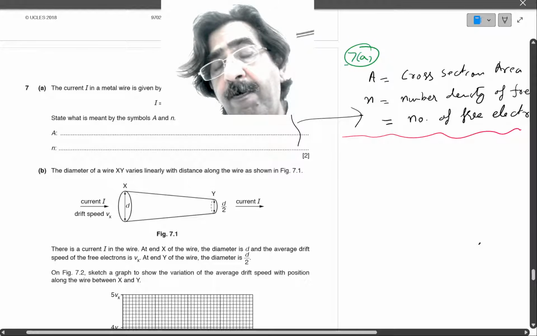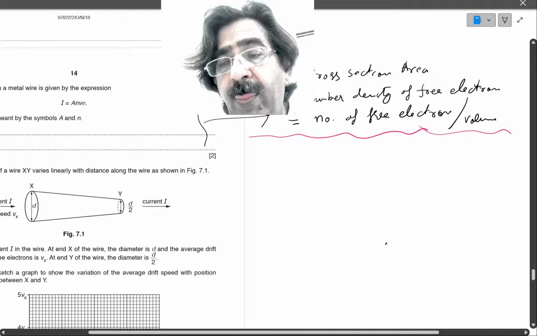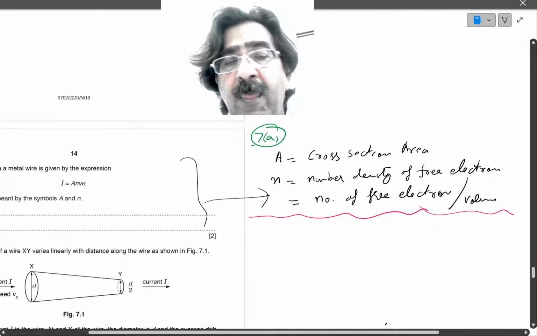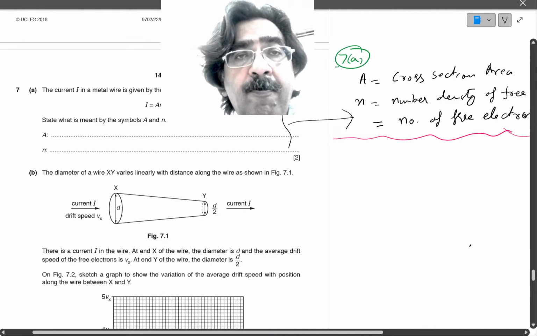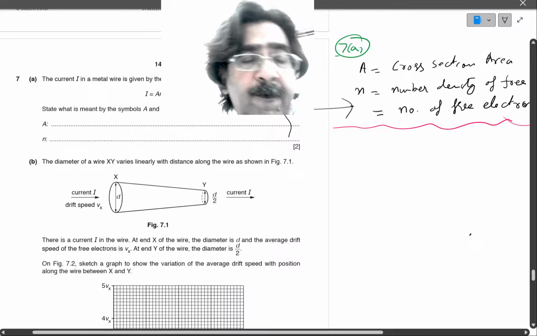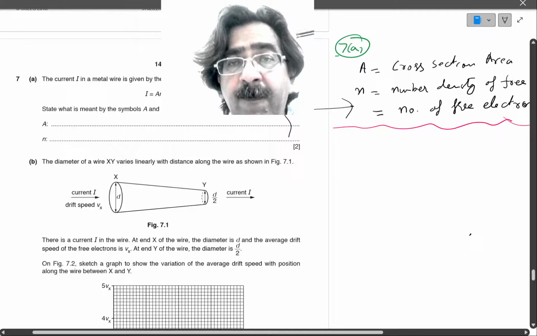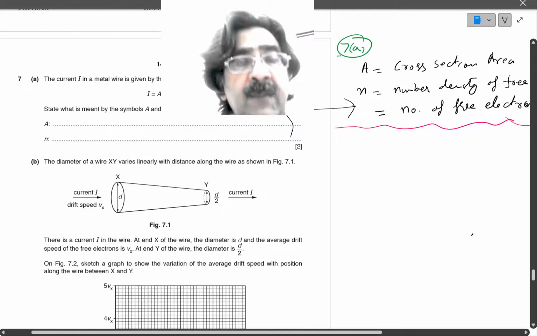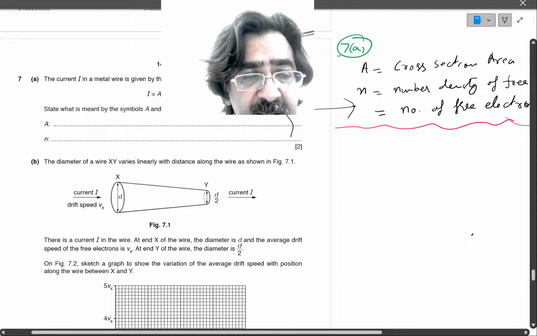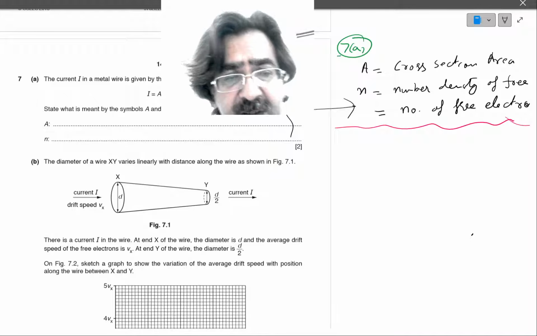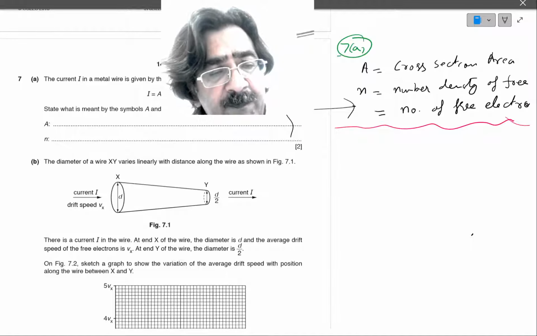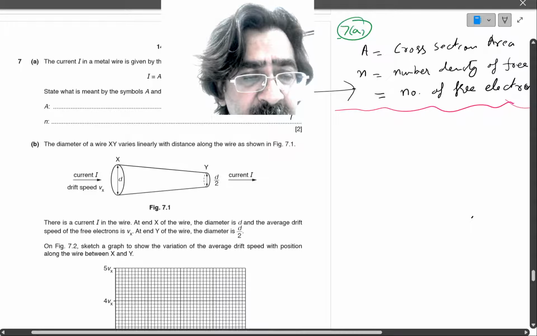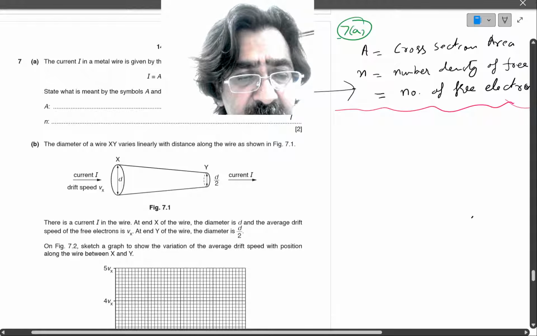Next is about the wire XY, which varies linearly in diameter with distance along the wire, as shown in the figure. The current drift velocity is Vx.